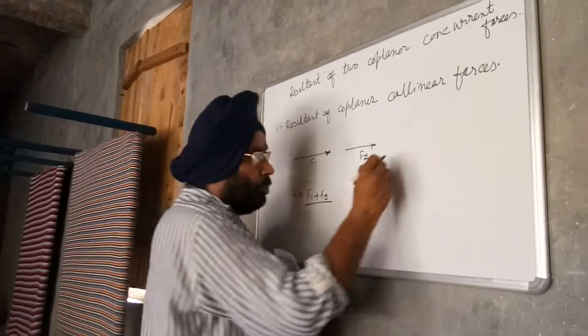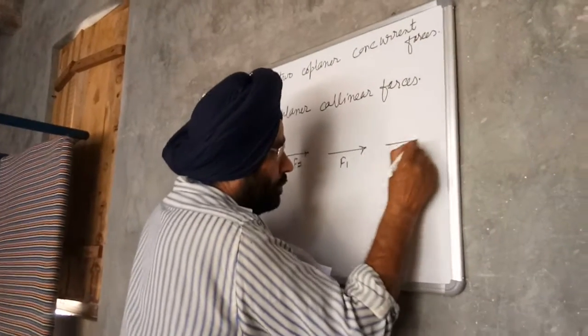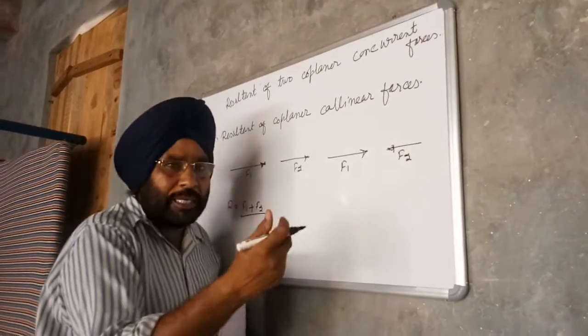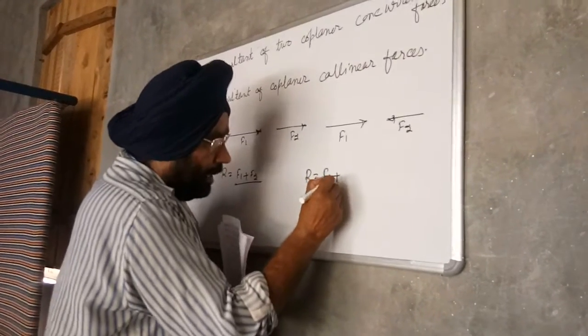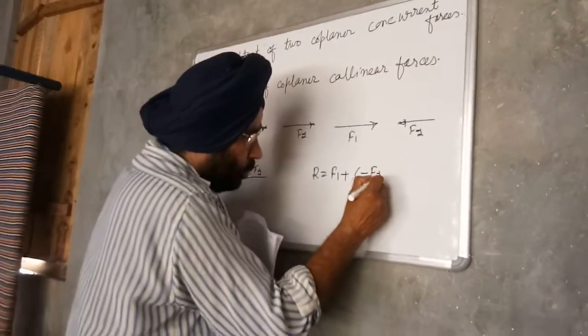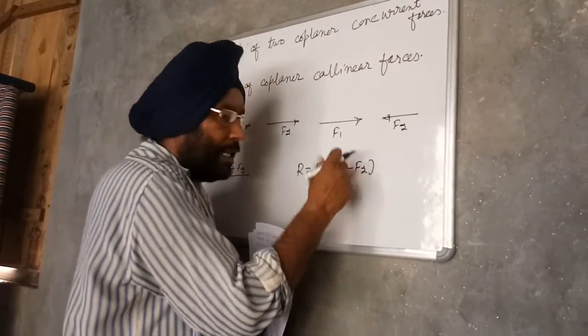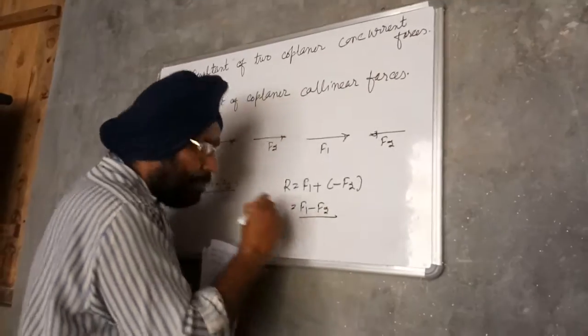And if the force F2 acts in the opposite direction, then the resultant R is equal to F1 plus or minus F2. Minus means the force F2 acts in the opposite direction. So the resultant is equal to F1 minus F2.